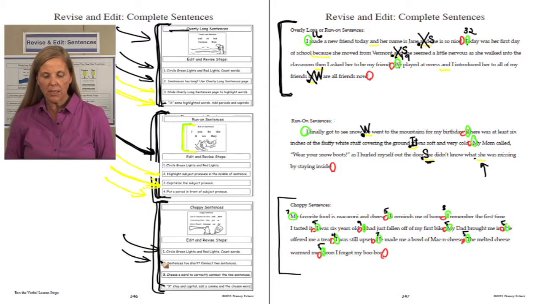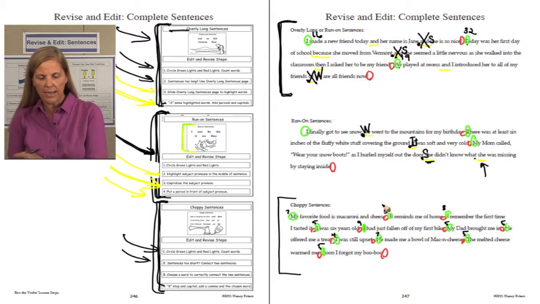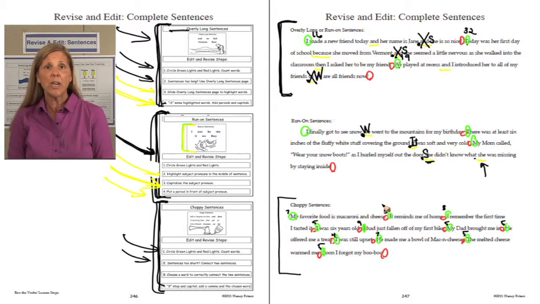Step 2 is, are your sentences too short? Do you need to connect 2 sentences? So we'll go back and we'll look at those numbers, 7, 5, 5, 5, 9, 5, 5, 4, 7, 5, 5, yes. There's many sentences that are the same number, a lot of short sentences there, so we need to go back and connect some sentences together.